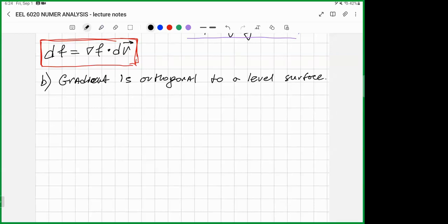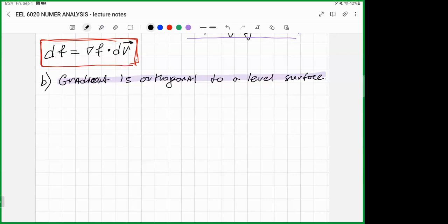So what is a level surface? A level surface is the surface where the field is constant.